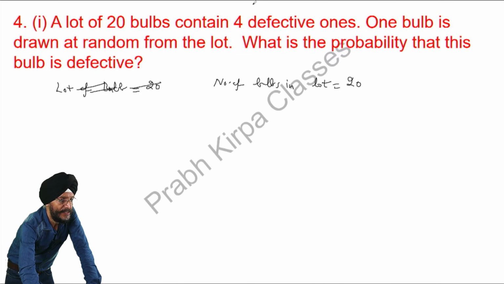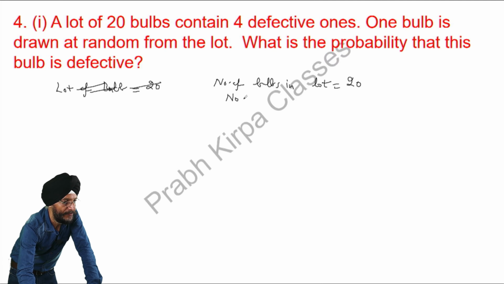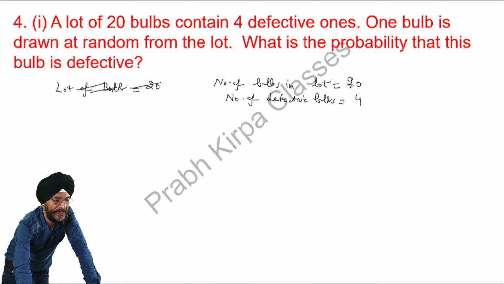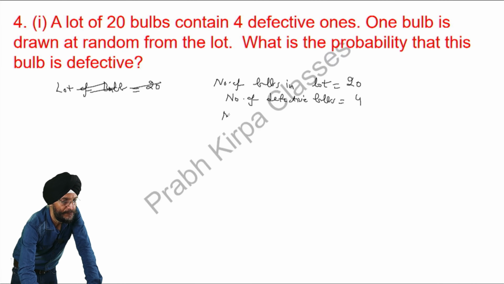Then out of this lot of 20 bulbs, some bulbs are defective. Number of defective bulbs, it is 4. So when out of these 20 bulbs 4 are defective, then the other bulbs must be good.